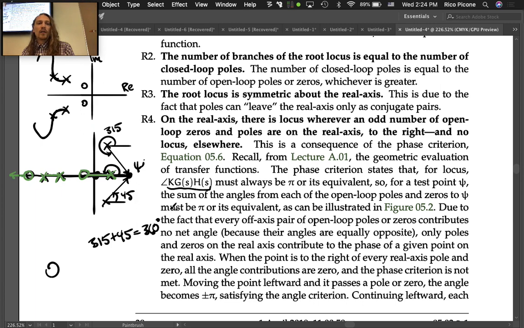So we've got this nice rule where on the real axis, all we have to do is start rightward of every pole or zero, start out saying no locus, and then move leftward, and as you cross over a pole or zero, you toggle to locus, no locus, locus, no locus, etc., until you get to the end. So it's a really easy rule to follow once you've understood the way to construct it from the angle or phase criterion.